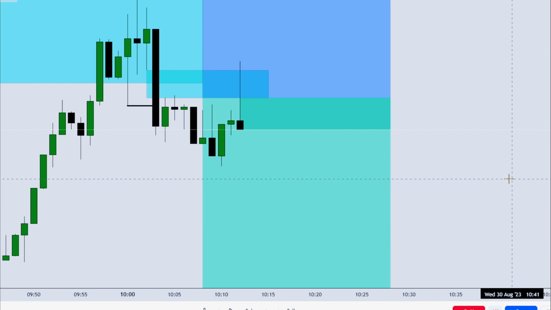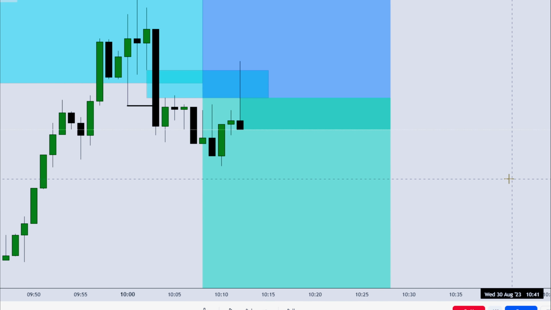This target was hit instantly, and you can go ahead and target way lower afterwards. I'm going to zoom out and extend this in order to show you that after hitting your first target and moving your stop loss to break even, price keeps going and hits your second target. And I think this went even lower, but I am out of the trade.